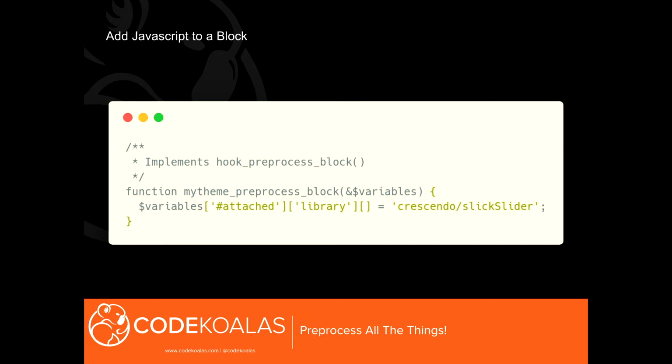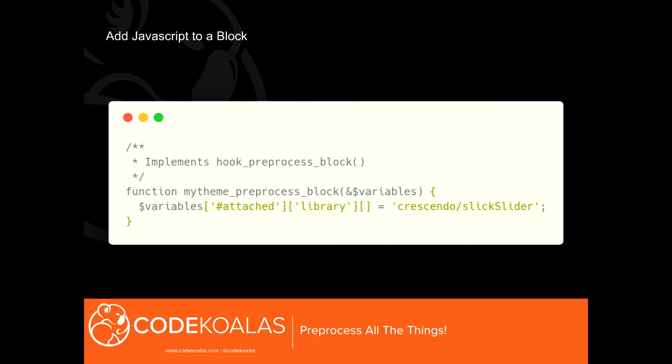So instead of having crescendo, that was my theme name, slick slider, JavaScript library running on every page just taking up a lot of bandwidth, you could only put this on a very specific block where it needs to go. So that's probably one of the most common uses for preprocess functions, and it's very useful.